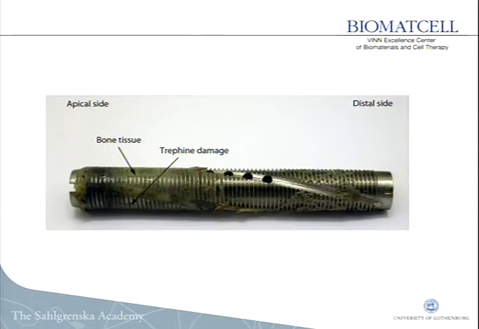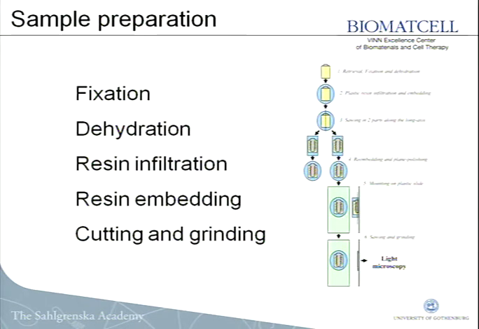You have the surrounding bone tissue, and you only take a minimal amount of tissue around, so you could reuse the limb to put in a new implant, for example. As these implants are quite long, you can also have damage from the trephine burring. But usually you have very good tissue around.